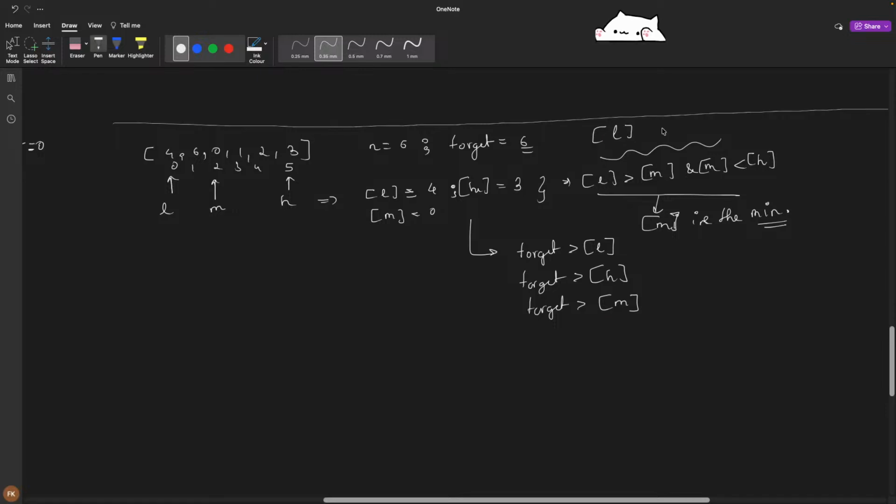That means L is automatically greater than H anyhow to be rotated.